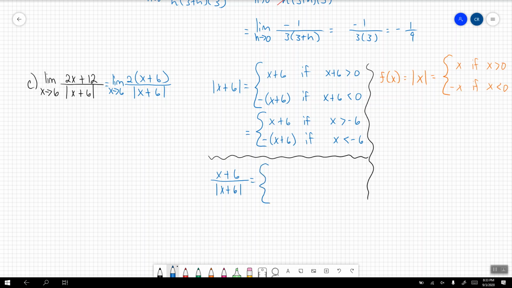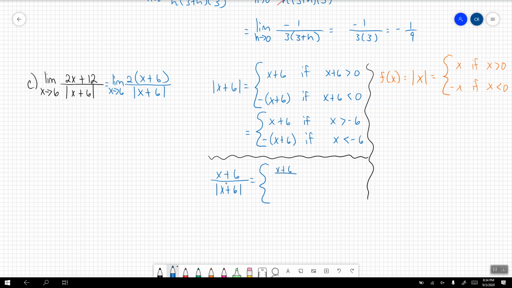I'm going to use my previous absolute value piecewise defined function, the one right above the one I just wrote, as my reference. I take the numerator, because the numerator is arbitrary here, so it's just x plus 6.